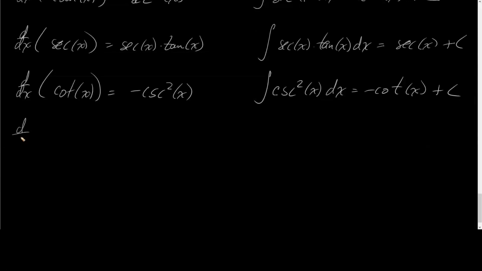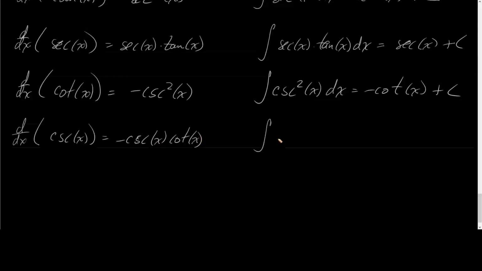If I did the derivative of cosecant, well, that's negative cosecant cotangent. So it would tell me the antiderivative of cosecant cotangent is negative cosecant x plus c.